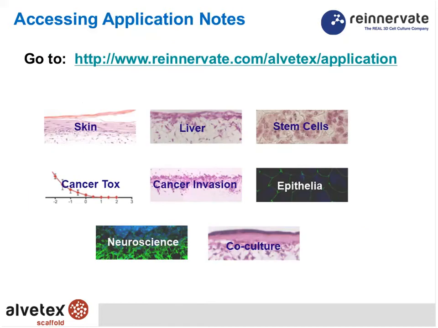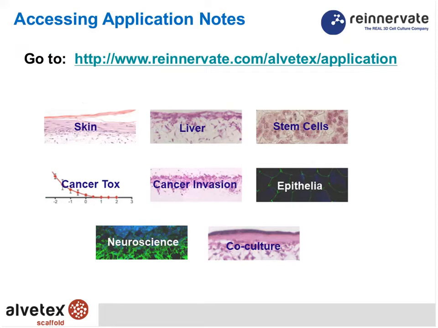Thanks, Dan. If you are interested in more complex culture systems than what is offered in the protocols, or if you want to see more example data, more complex data sets, we do have a page on our website which is dedicated to what we call application notes.